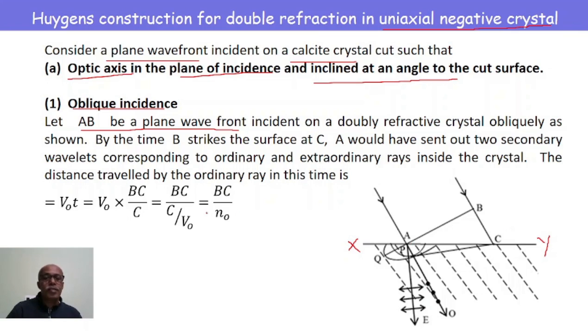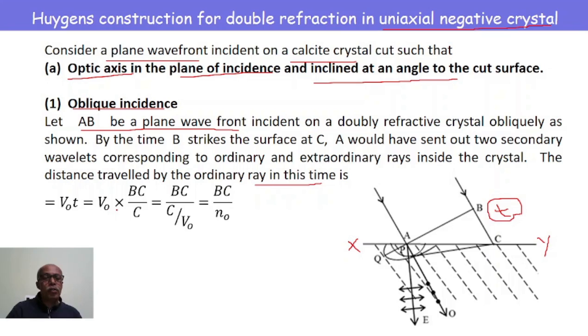Now, if t is the time taken by light to travel from B to C, then in this time t, the distance traveled by the ordinary ray at A inside the crystal is V0 into t.